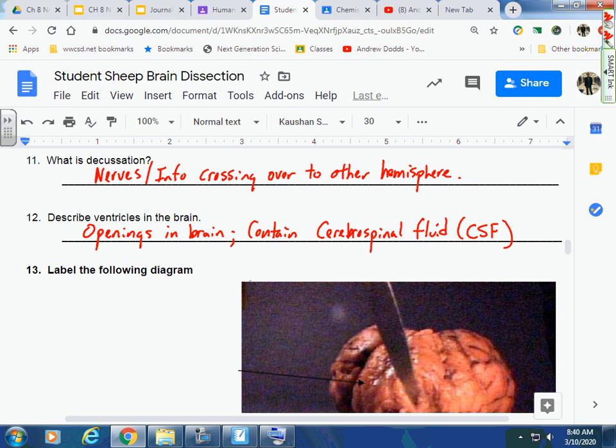Labeling the next diagram. Pretty easy, just two things. So we have the cerebellum, and then they kind of raise the cerebellum so you can see the fourth ventricle underneath. So cerebellum and fourth ventricle on number 13.